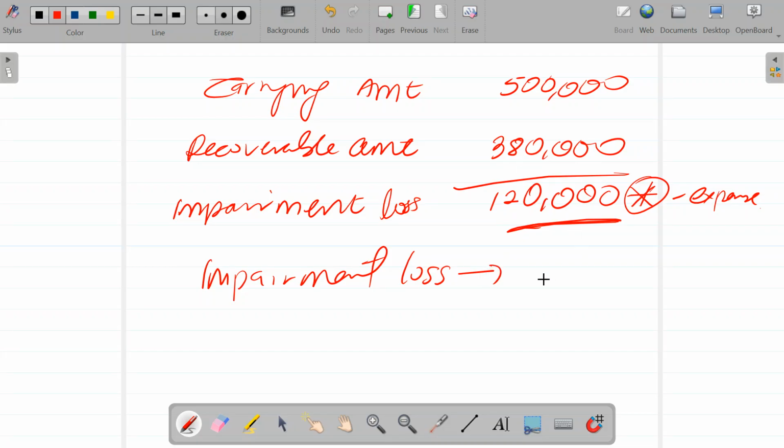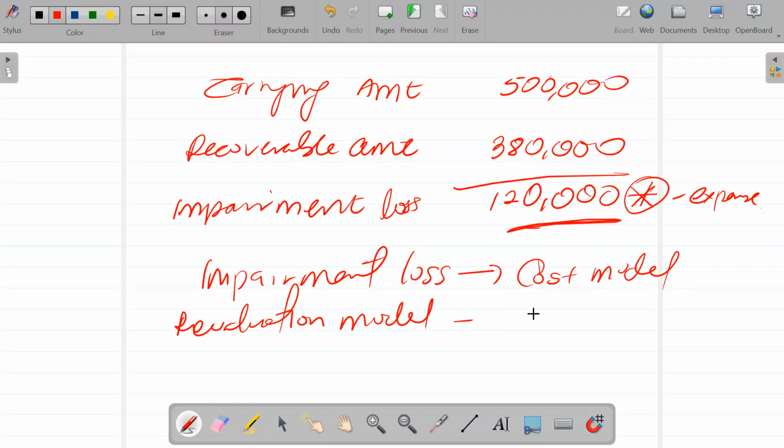if this asset is measured using the cost model. But if you are using the revaluation model, then it becomes revaluation loss. Do you get it?